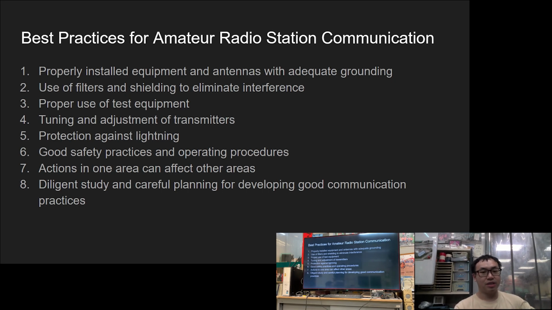Safety practice. Make sure that the place where you call the radio is good. Like in Taiwan, take my home as an example, I nearly cannot call the radio out.